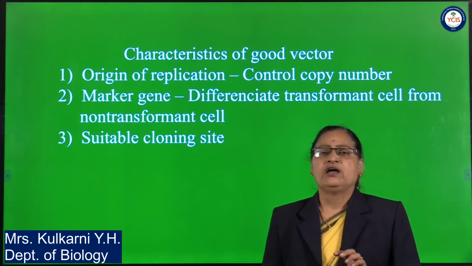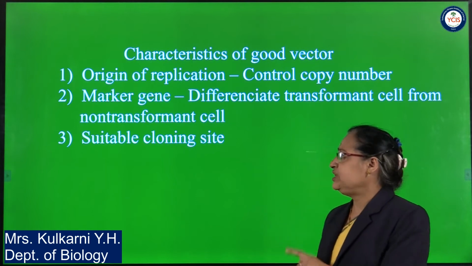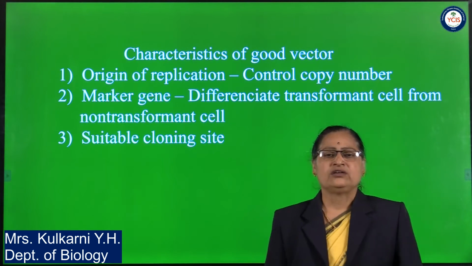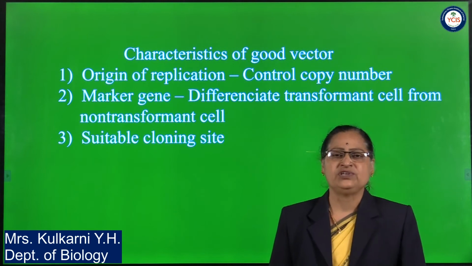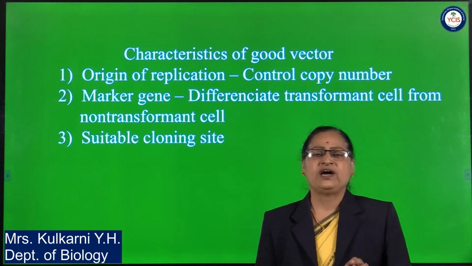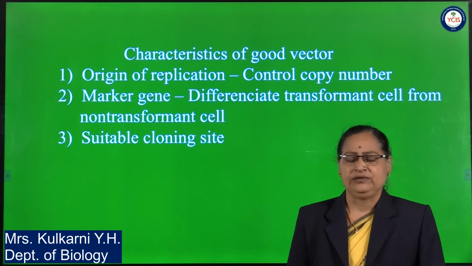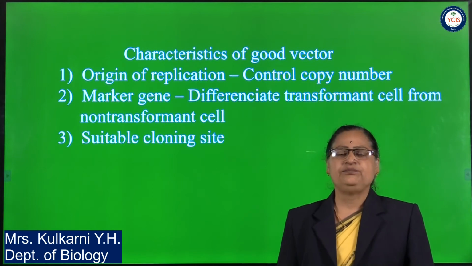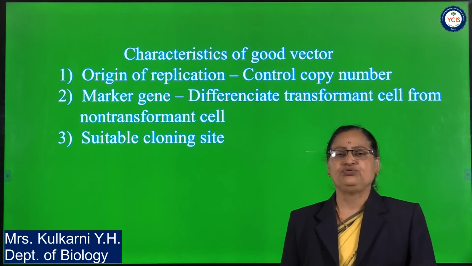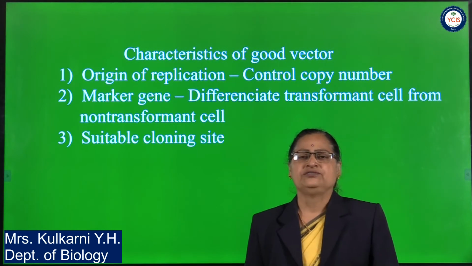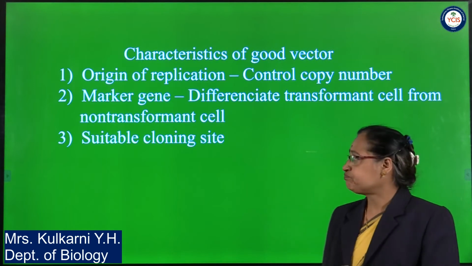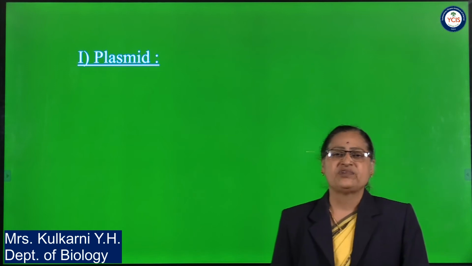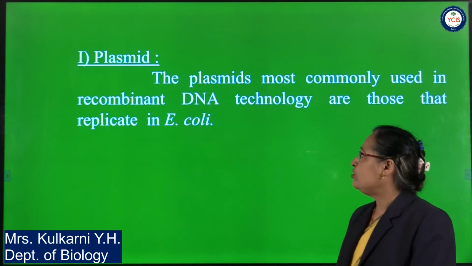So these three characteristics are not found in natural plasmids. So plasmids are constructed, and these are pBR322 or pBR320, and out of these, pBR322 is specially used in rDNA technology.